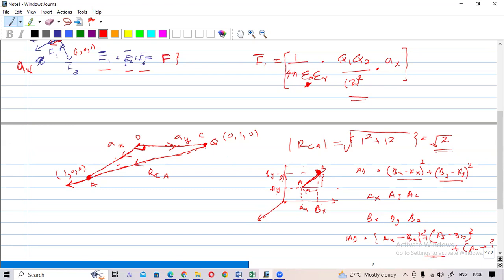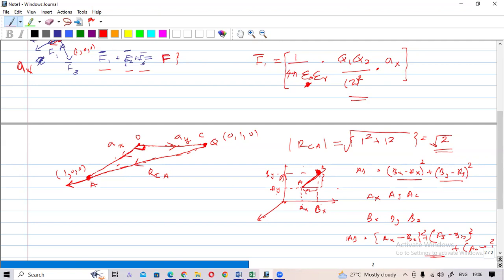Maybe at some point, applying the Pythagoras theorem may not come to your mind at once.